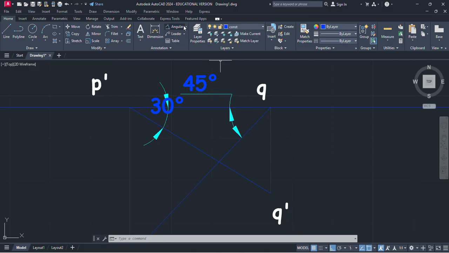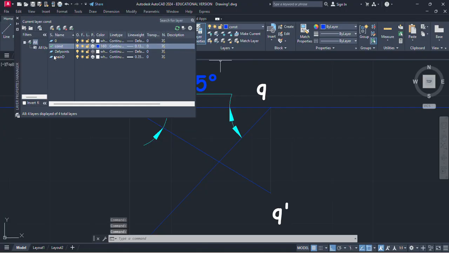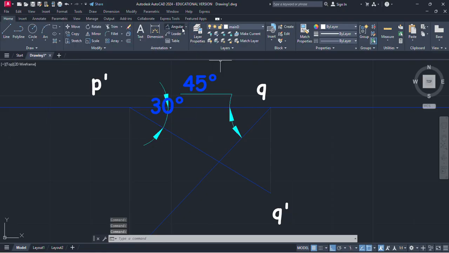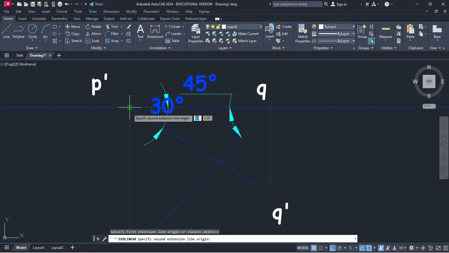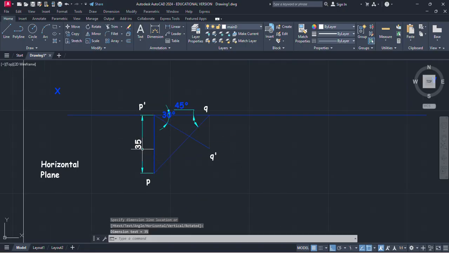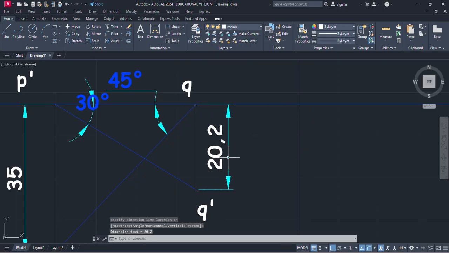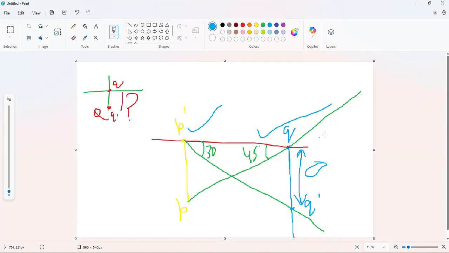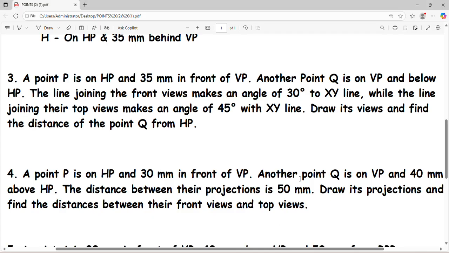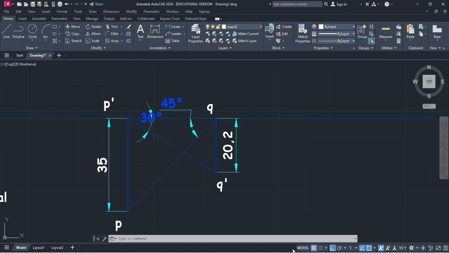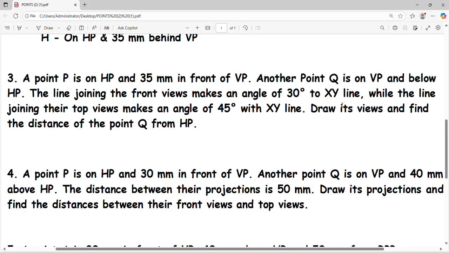Now you can measure this length. This is 35 and this is 20.2. So as per the question, it has been asked to draw its views, so we have drawn the views, and find the distance of the point Q from HP.